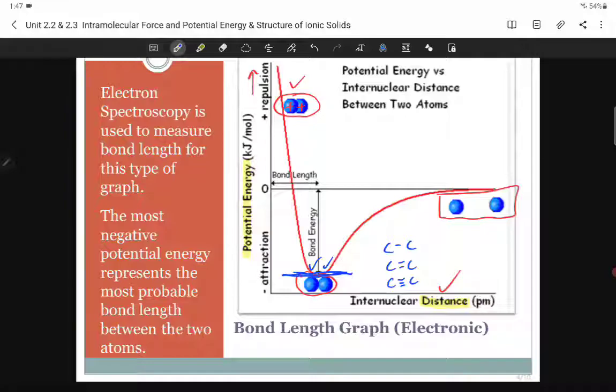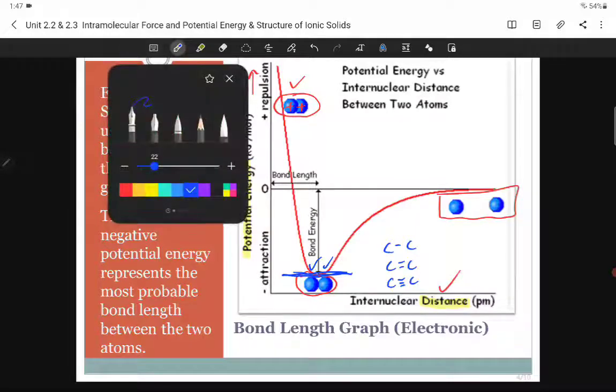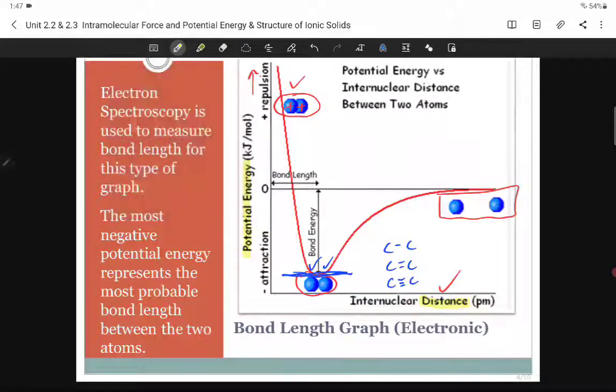If you had another one of these graphs and it bottomed out even more, well, guess what? This compared to this one might be the difference between a single and a triple. The triple bond would have to be that one, and the single bond would have to be this one.